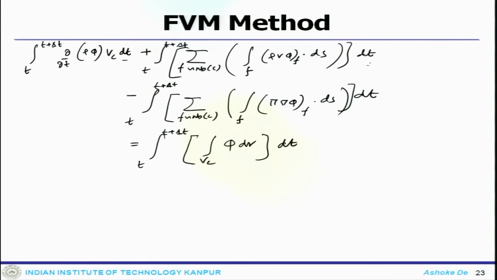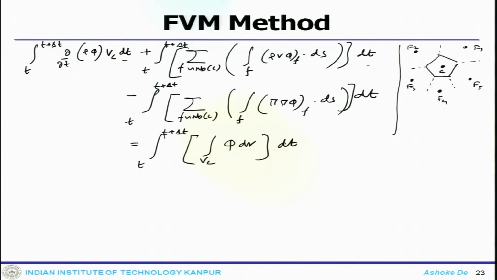So, the whole objective here is that from this system, if you recall, this is the kind of element we are dealing with. I mean, it could be something else and it has some surrounding cells. So, these are F1, F2, F3, F4, F5. It could be 4 faces, 6 faces, does not matter.